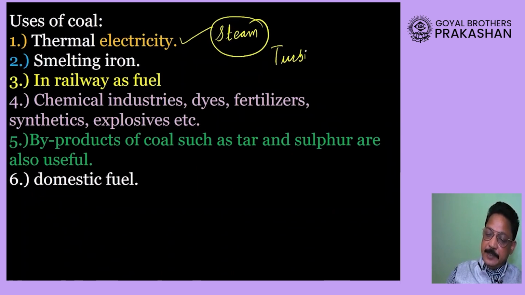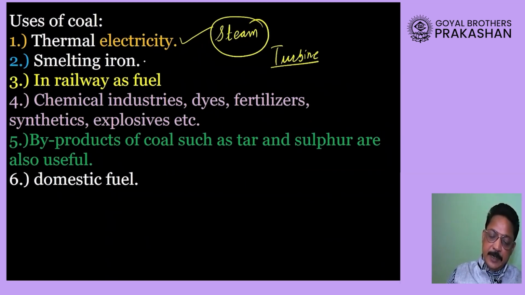Now a turbine is a machine where electricity will be produced. So steam makes the turbine move, and during this process electricity is produced. We call that electricity thermal electricity, and we require coal in order to produce that energy.